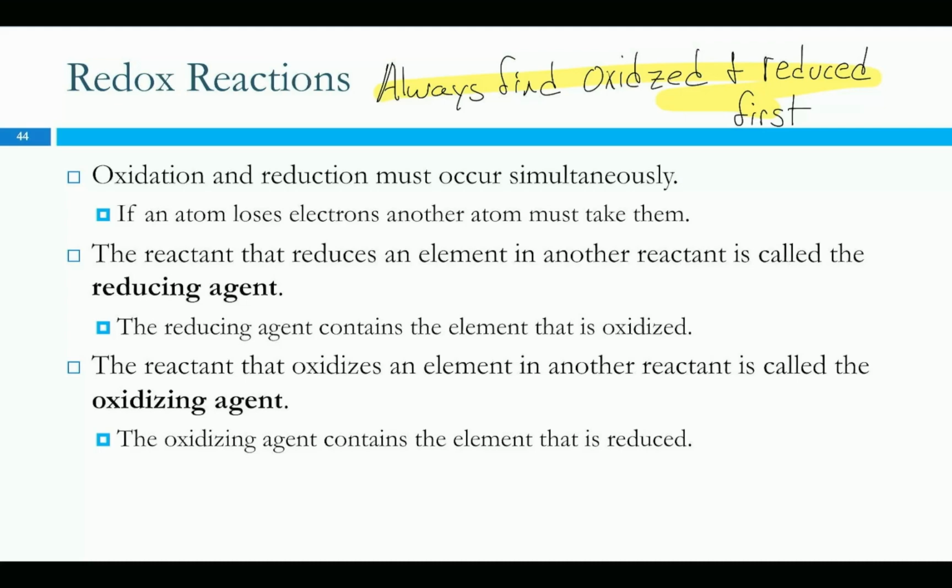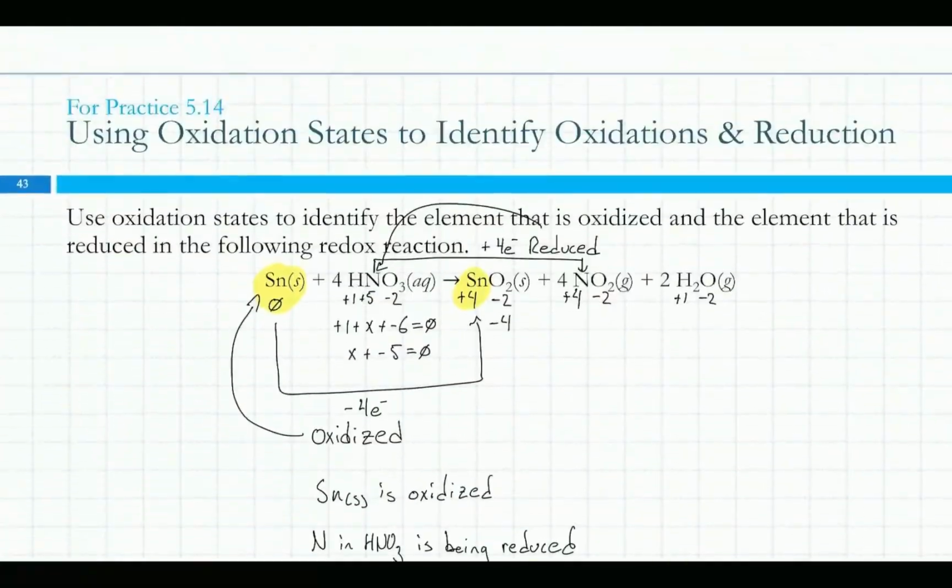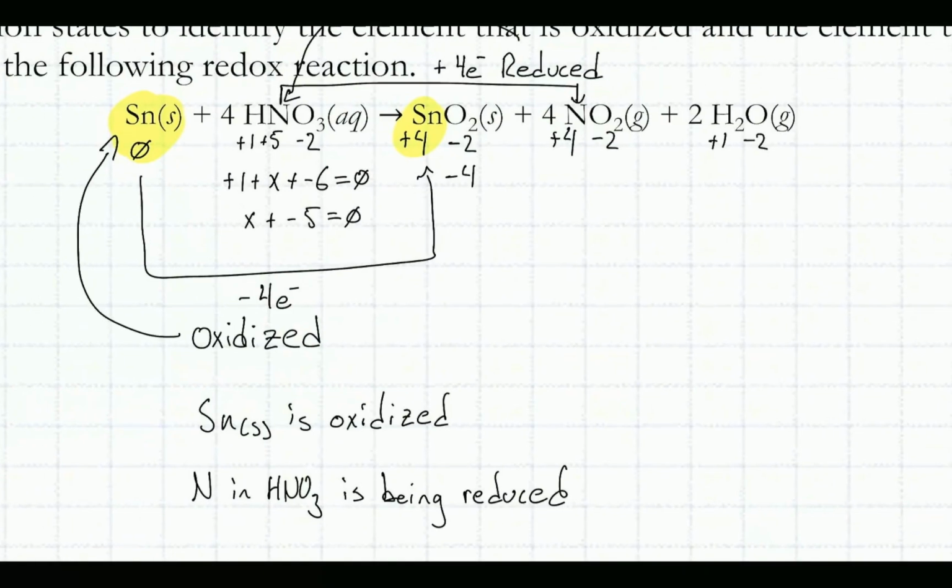It's called the oxidizing agent or the reducing agent because it's sort of causing the other thing to be oxidized or reduced. So we go back up to this problem. That's what we did. Our first step was finding what's oxidized, finding what's reduced. So what's my reducing agent? The one that's oxidized. So tin is oxidized.